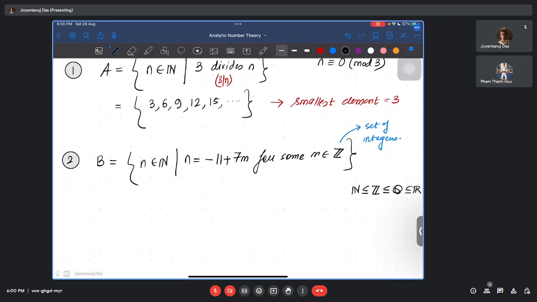For example, the square root of 2 is an irrational number.